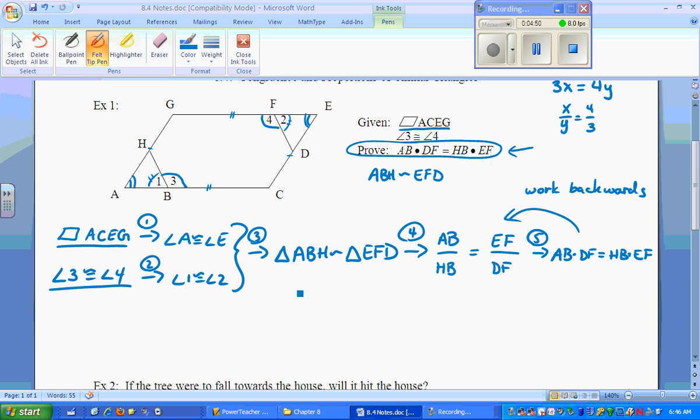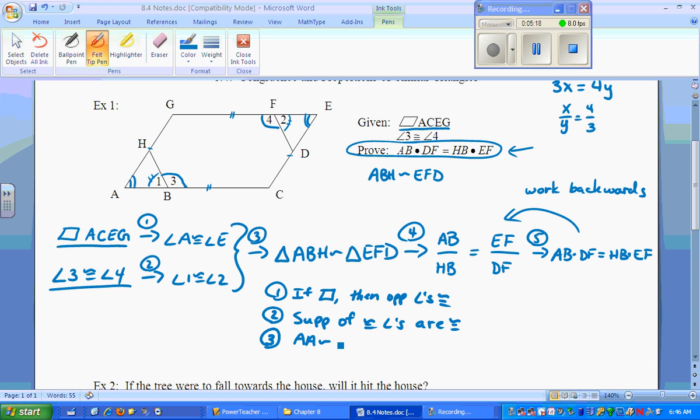Give our reasons. Well, the first one, reason 1 was if parallelogram, then opposite angles congruent. 2 was supplements of congruent angles are congruent. 3, angle similarity. 4, what's going to come after that is going to be definition of similar triangle.